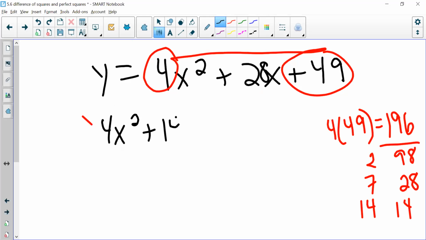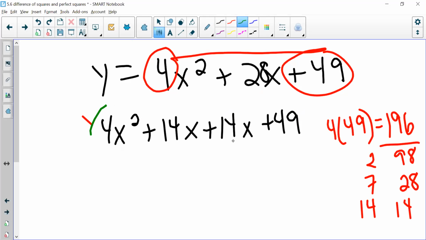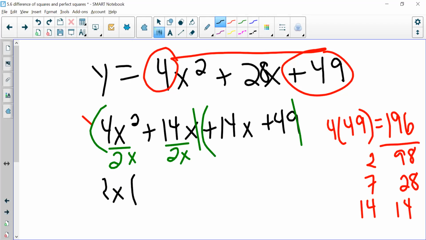So I'm going to do 14x plus 14x plus 49. I'm going to common factor my pairs. 2x and positive 7.